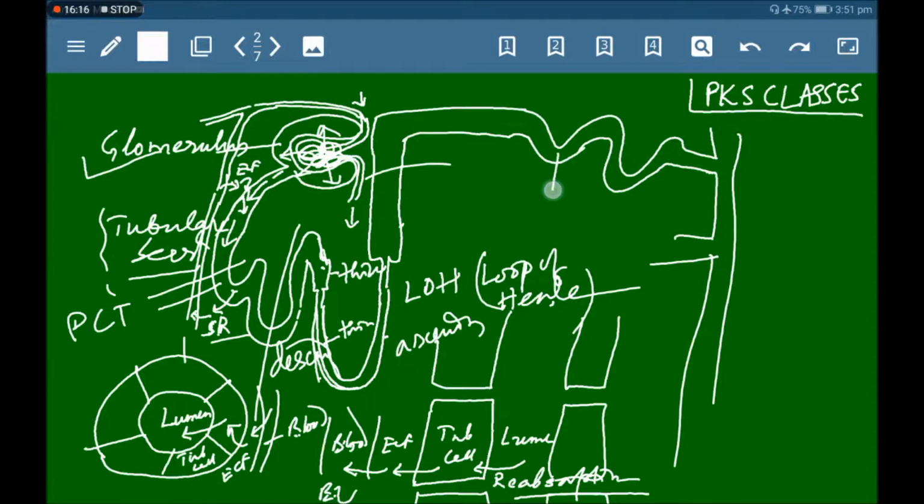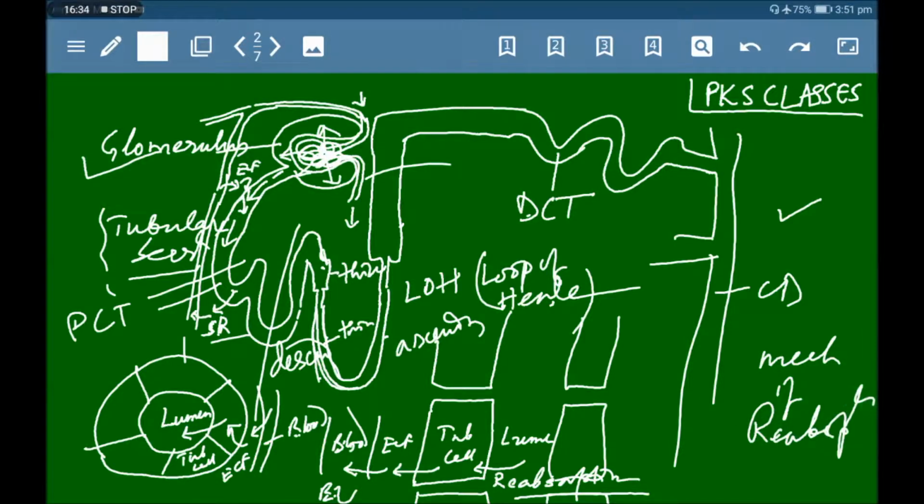Then this is the distal part, the distal convoluted tubule, and finally the collecting duct where several distal convoluted tubules are connected. In these four areas there are different mechanisms of reabsorption. The mechanism of reabsorption differs from one part to another.